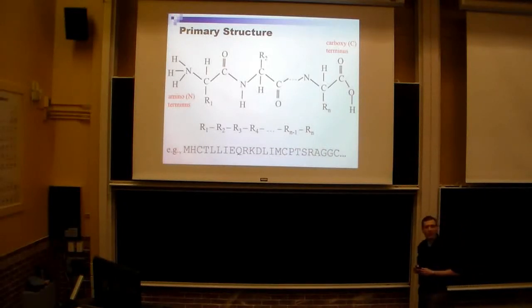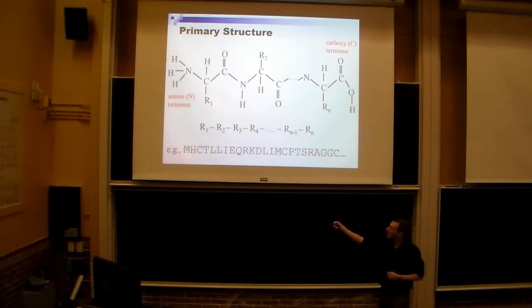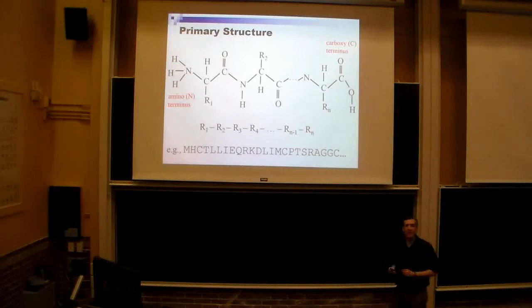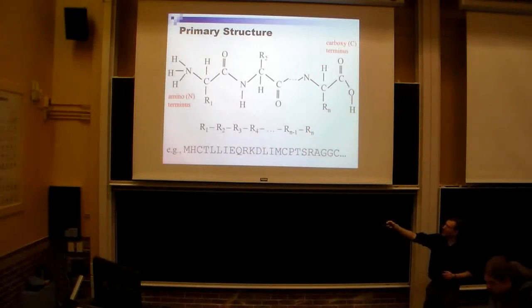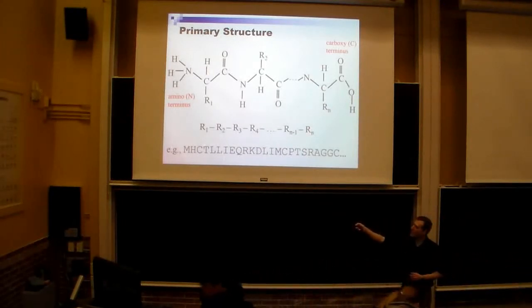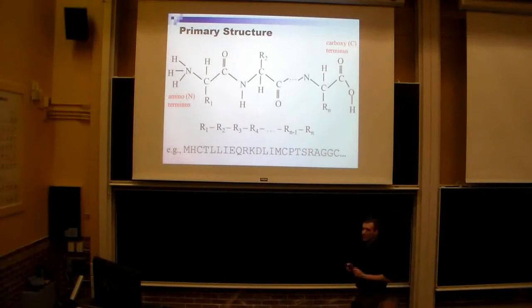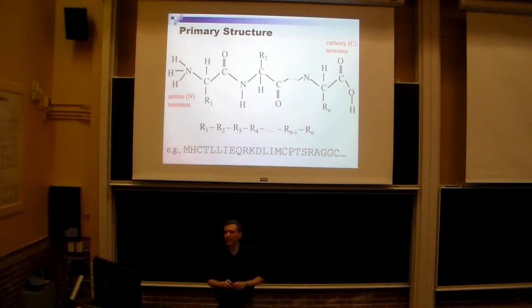This is most commonly how you'll see these written in databases. There is a 3-letter alphabet that's a little easier to read, but it's worth knowing the 20-letter alphabet, and just knowing that M is methionine, H is histidine, C is cysteine, and so forth, and just memorize those. Questions about this?